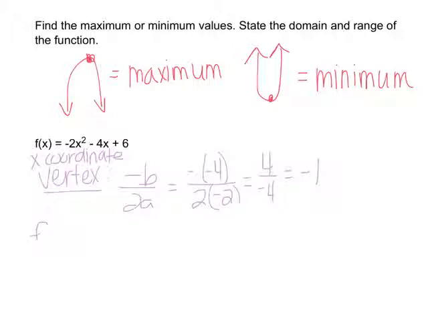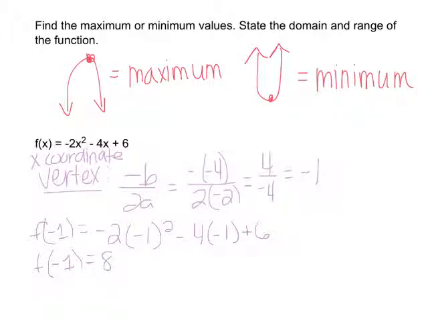So f of negative 1 equals negative 2 times negative 1 squared minus 4 times negative 1 plus 6. And so f of negative 1 equals 8. So the maximum value is 8 because my vertex now is negative 1, 8. So the domain is still going to be all reals.